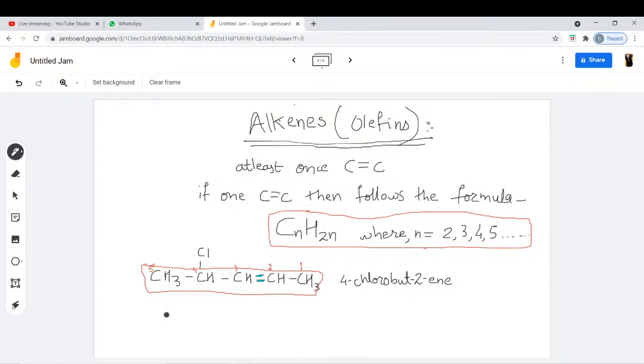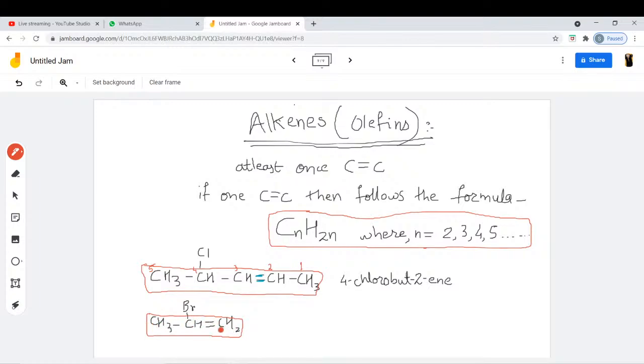Similarly, taking another example, CH3, CH, here Br, and here the double bond, and here CH2. So where do you start the numbering? Select the long carbon chain, and does the numbering start from the left hand side or right hand side?